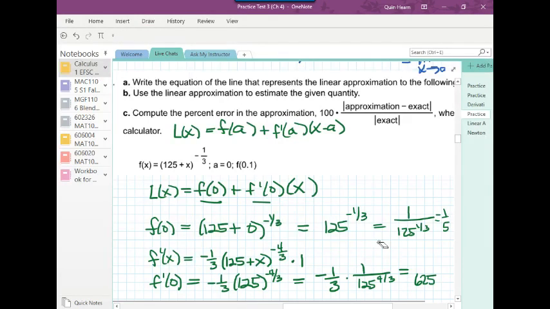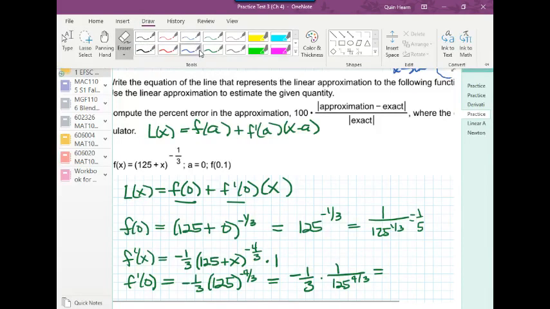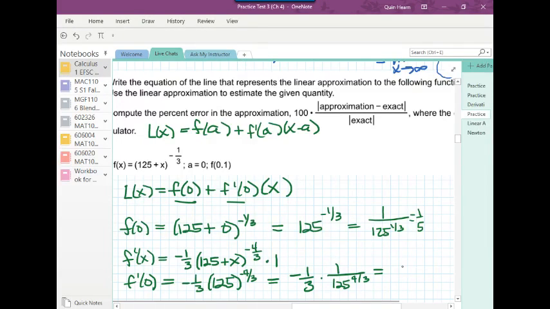We're going to subtract 1 from the exponent, so that's going to be negative 4/3. And then we're going to multiply times the derivative of 125 plus x, which is just 1. And so that's f prime of x. And we want to know f prime of 0.